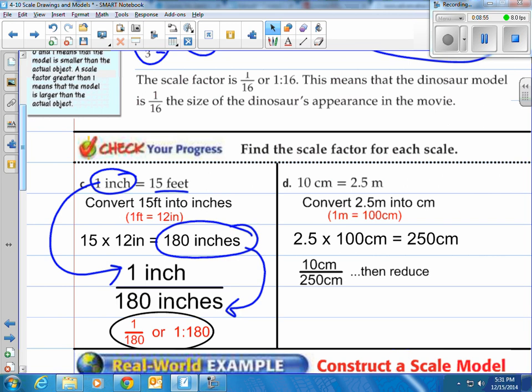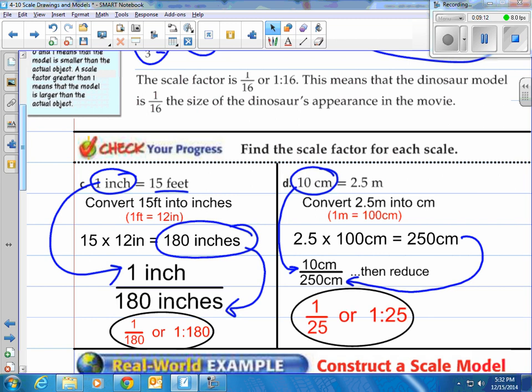So now we take the 10 centimeters, place it right here, take our 250 centimeters, place it right there. But this one we do have to reduce. Notice the top is not 1. So we're going to divide the top and the bottom by 10. And in the end, you'll notice we have 1 on top and 25 on bottom. So we have 1 to 25, or colon, 1:25.